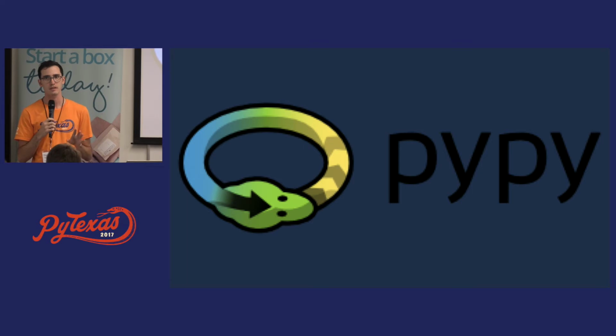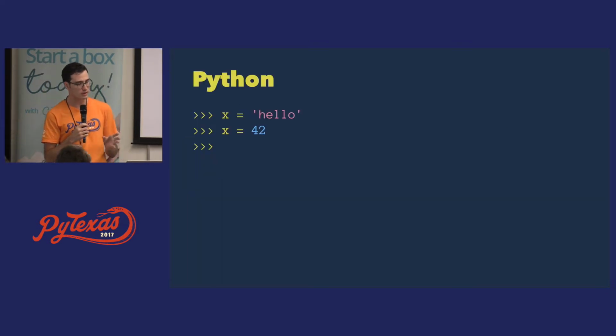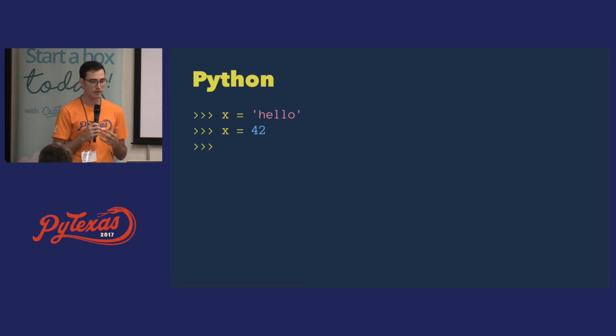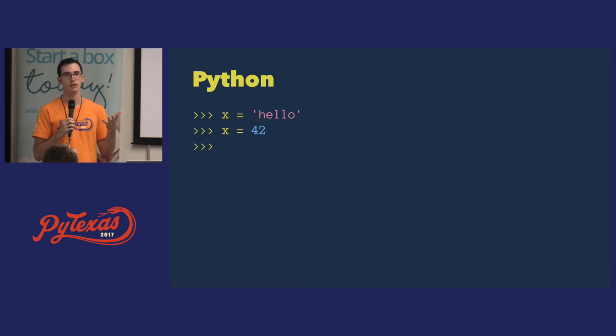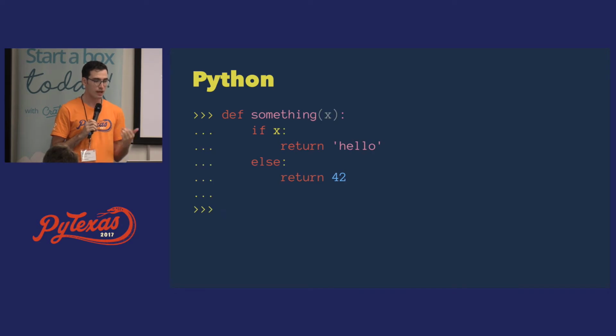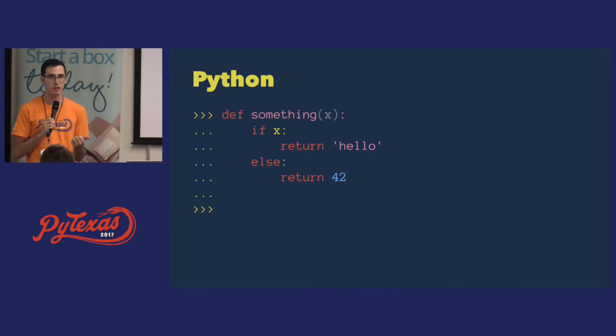The reason I'm telling you this, it's not super important, but that's what I implemented it in, and there are some weird things you might notice later when I show you some code. In Python we have dynamic typing. I can have a variable that is the string hello, and I can reassign it to an integer, and Python doesn't care. I can also write a function that takes some parameter, and if it's true it returns a string, and if not it returns an integer.